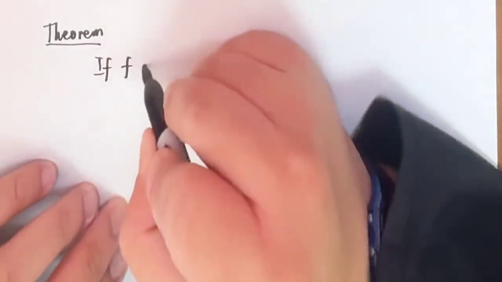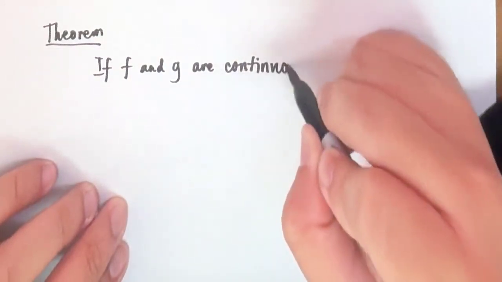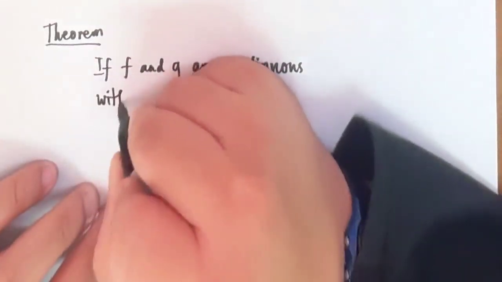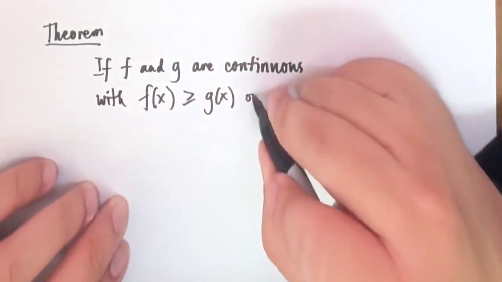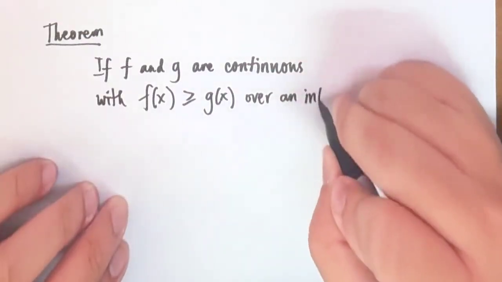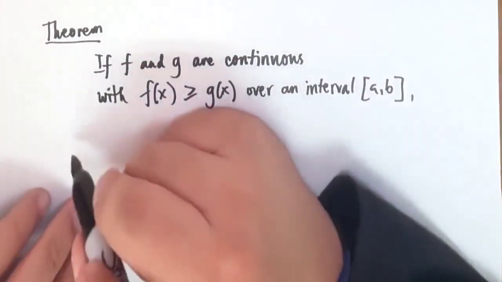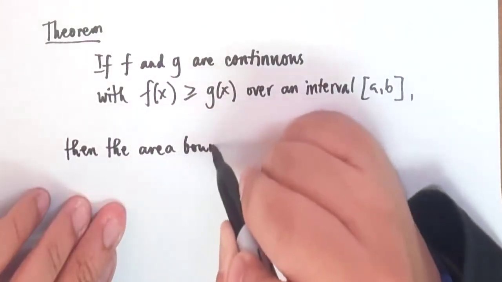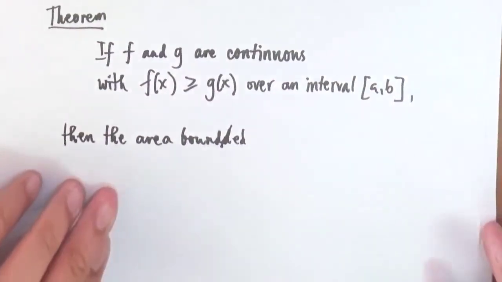Theorem. If f and g are continuous, with f of x greater than g of x over an interval AB, then the area bounded, there's only one, there's only two D's in bounded, what the hell?